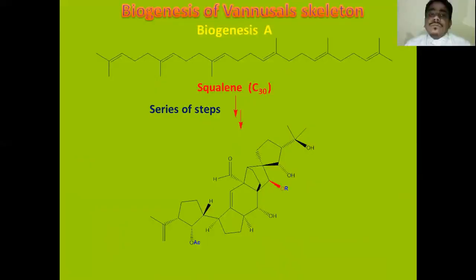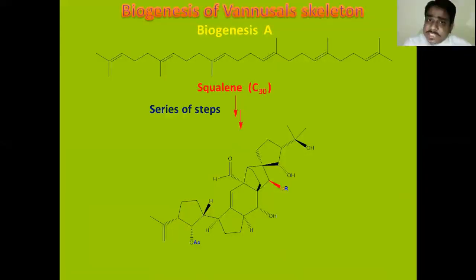Two biogenesis pathways were proposed, biogenesis A and biogenesis B. In biogenesis A, it is conventionally supposed that Vannusal A and B contain 30 carbon atoms. It is a triterpene, so it must be originating from the squalene 30 carbon precursor after a series of steps.